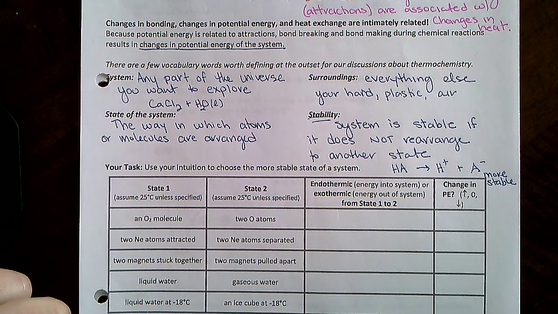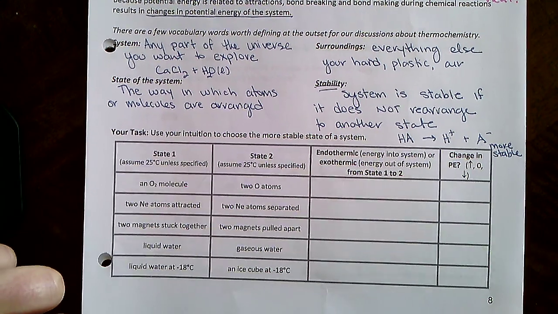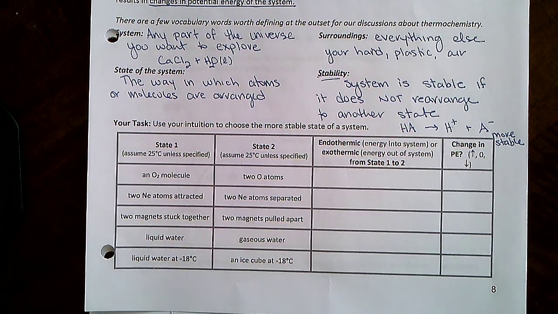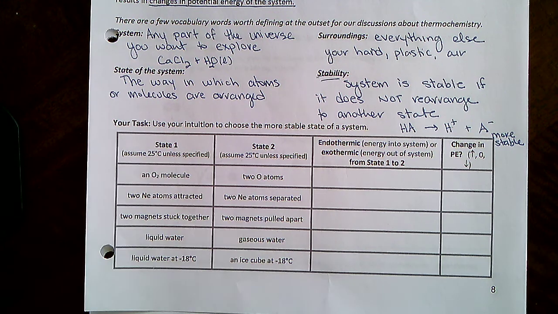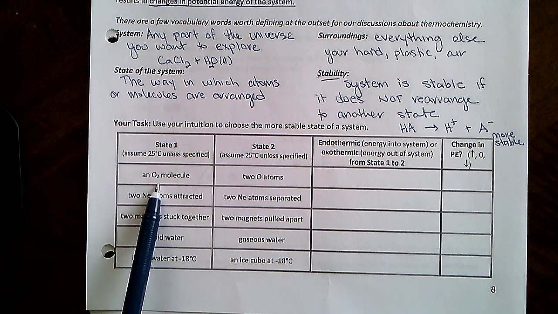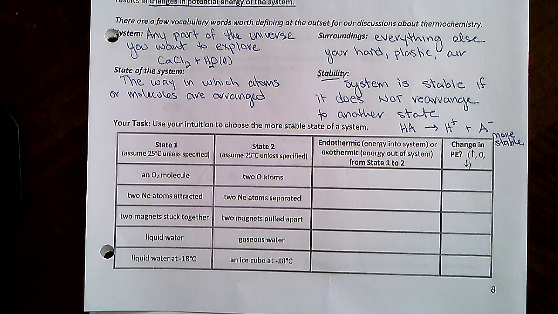So I want you to use your intuition for a moment, and I want you to think about 5 different examples, 5 different systems. Compare state 1 of the system to state 2 of the system. I would like you to circle whether or not you think state 1 or state 2 is more stable.